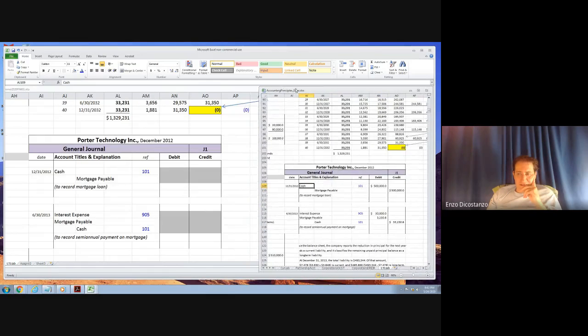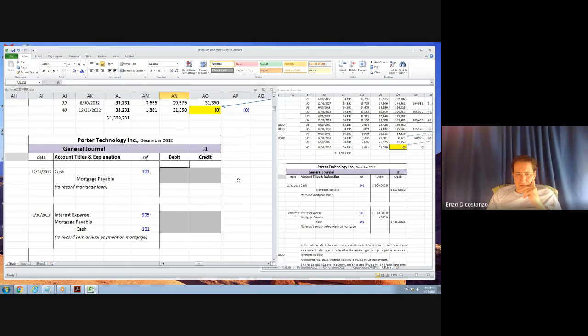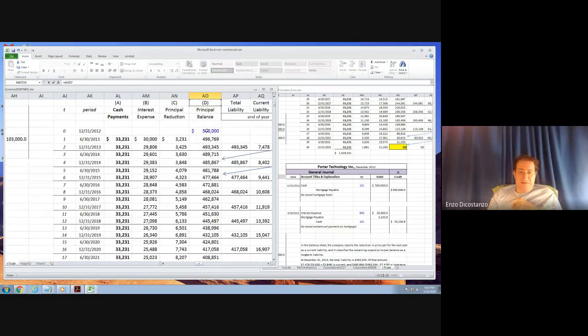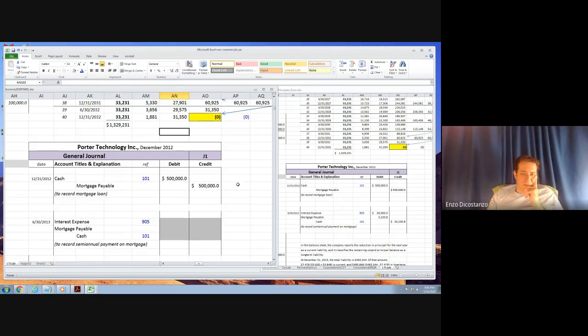Okay, this is the, yeah, this records the mortgage loan. So the payable is 500,000. Okay, so we're here. So 500,000 on that is where that is.